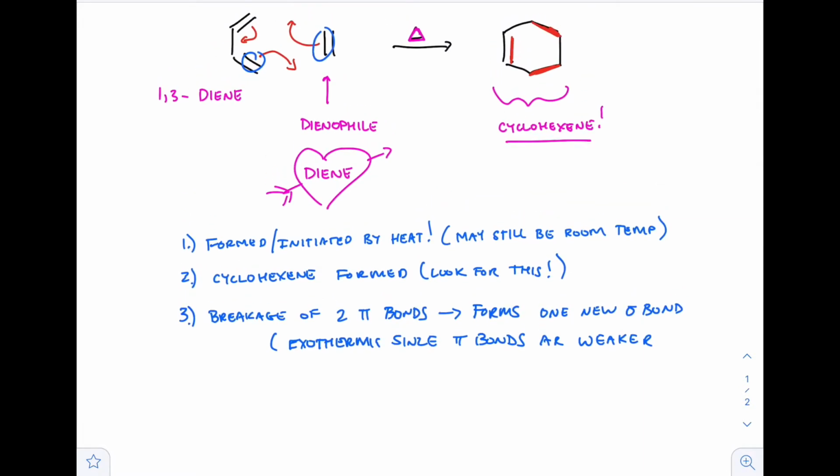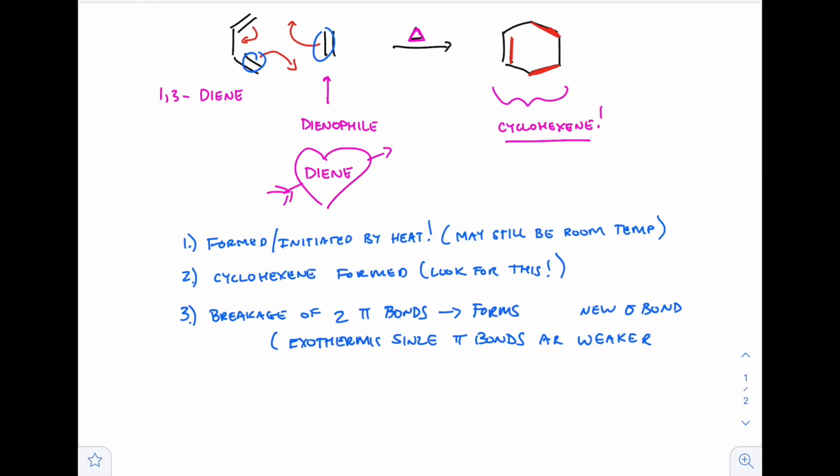Wait, hold up, let's take a look. I need to change that. My bad. So 2 pi bonds break and form 2 new sigma bonds. Sorry, that's what I drew above. And so that makes sense. It's exothermic since the pi bonds are weaker than the sigma bonds, by about 100 kilojoules per mole. So that means that we're releasing approximately 200 kilojoules per mole, which is quite a bit.